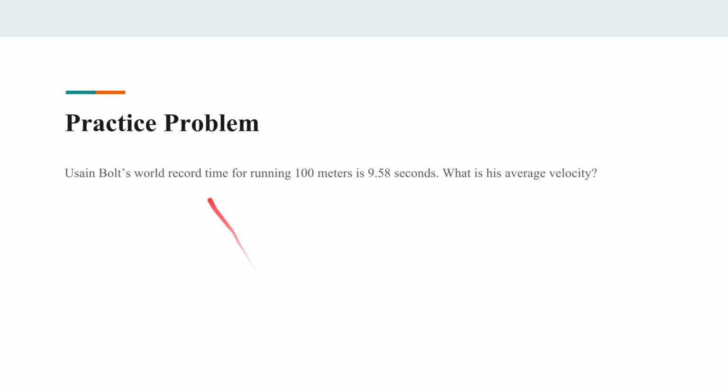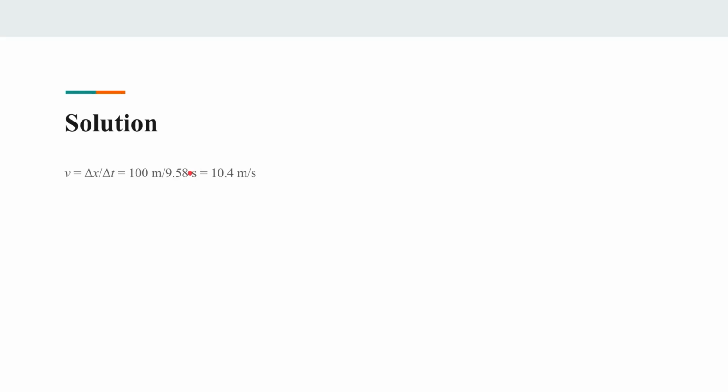So here's a practice problem. Usain Bolt's world record time for running 100 meters is 9.58 seconds. What is his average velocity? The way to do this problem is to substitute directly into the formula for velocity, delta x over delta t.